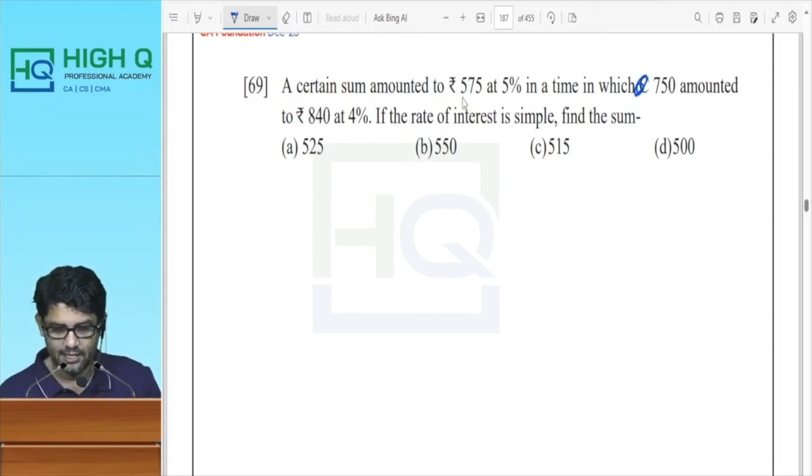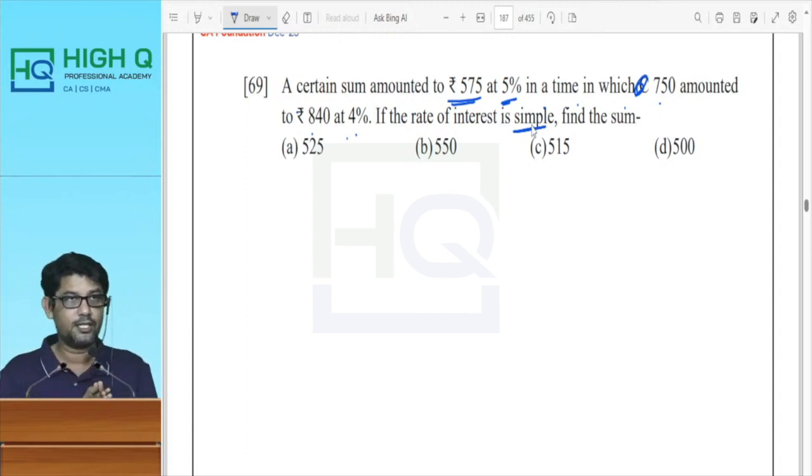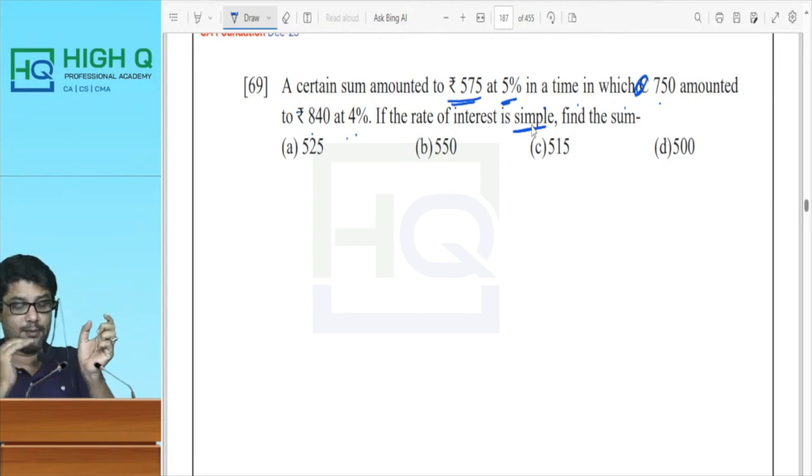A certain sum amounted to 575 rupees at 5% in a time in which 750 amounted to 840 rupees at 4%. If the rate of interest is simple, find the sum. Here there are two conditions. In the first condition, one particular sum becomes 575 at 5% in a particular time.